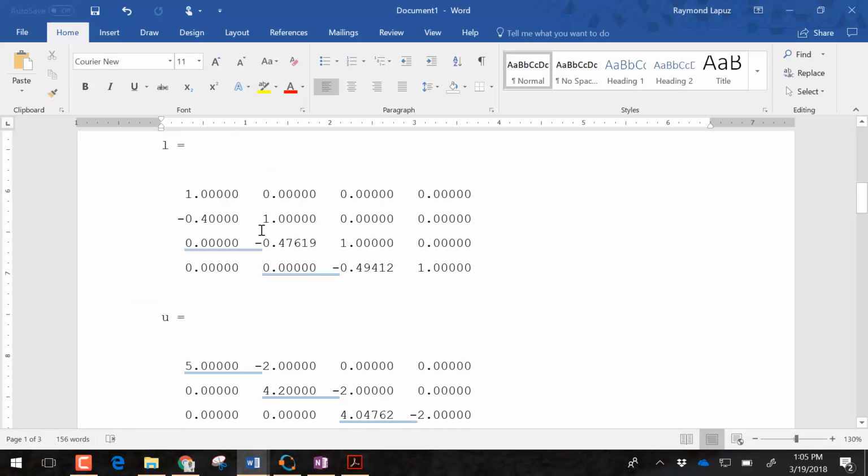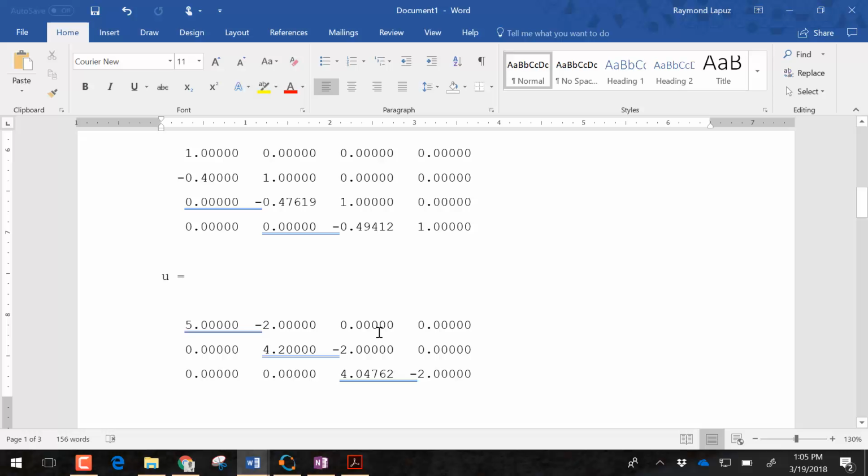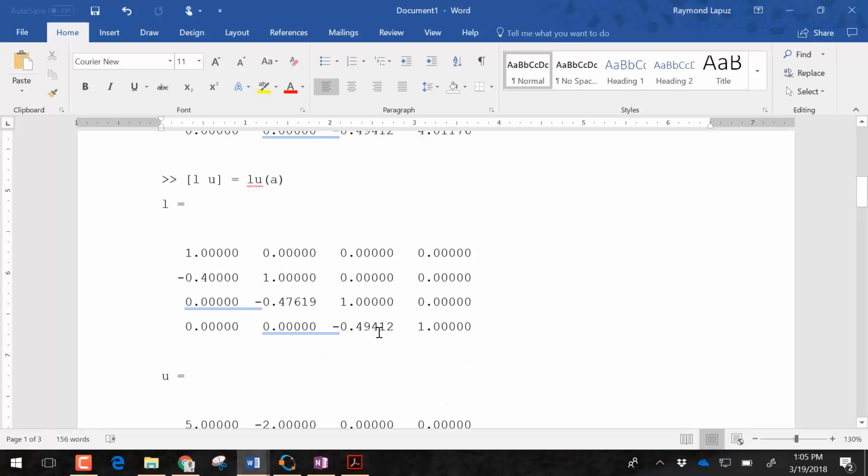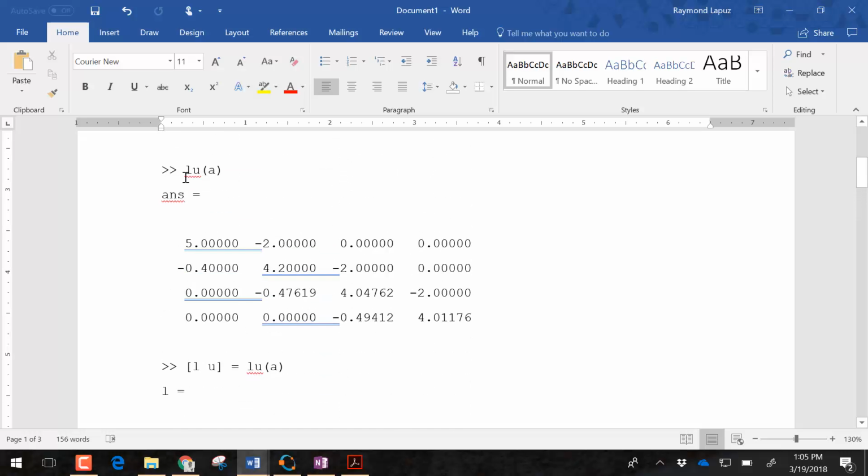If you look at the LU decomposition of the actual L and the actual U versus the LU decomposition without the L and the U being separated, you can see that they put the information all in one matrix here, which could be a little confusing.